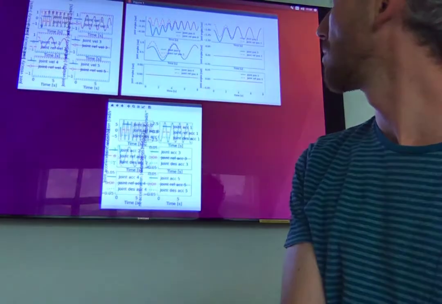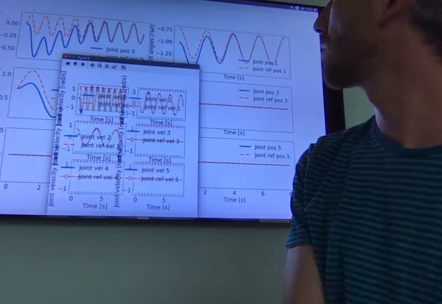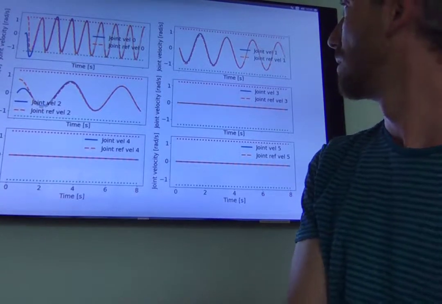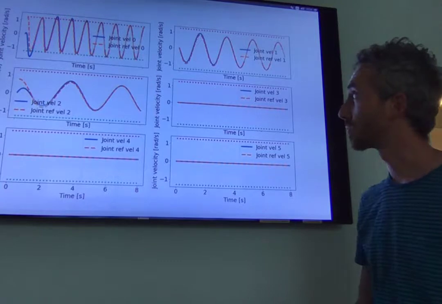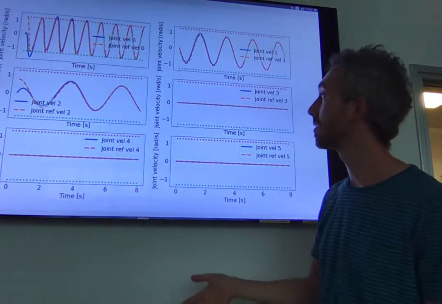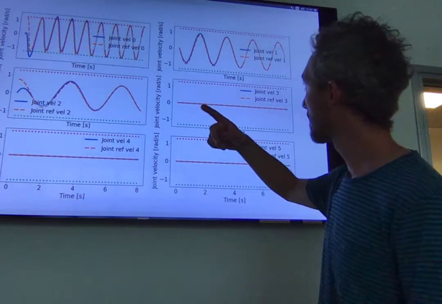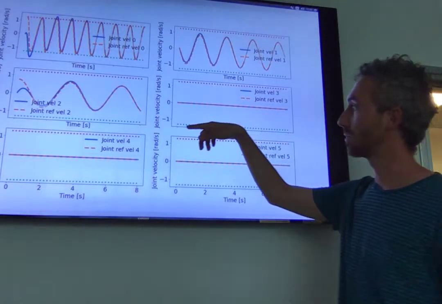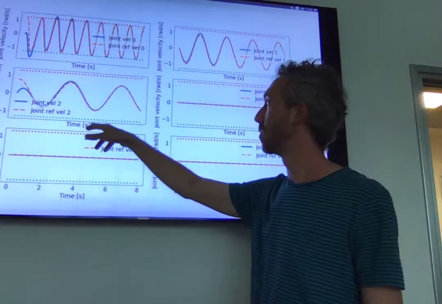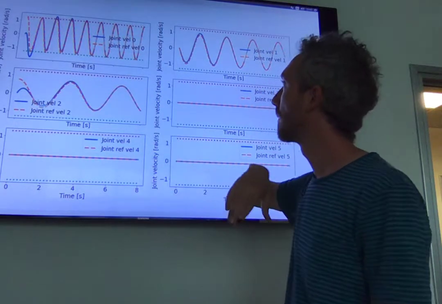Let's look at the second plot, joint velocities. So of course, if the position is a sinusoid, the velocity is also a sinusoid. And the one thing we have more here is that I'm also plotting the velocity limits. Okay, so lower bound and upper bound of the velocities.